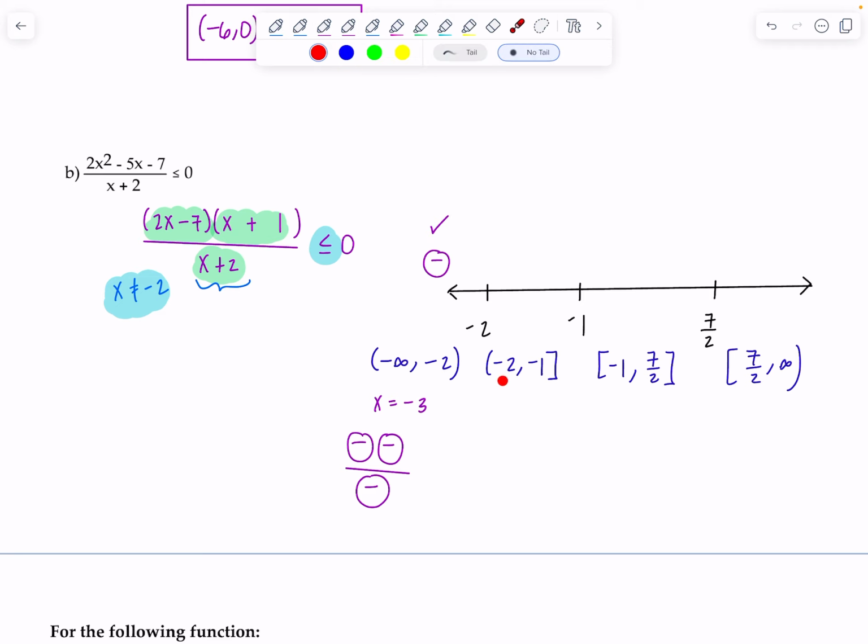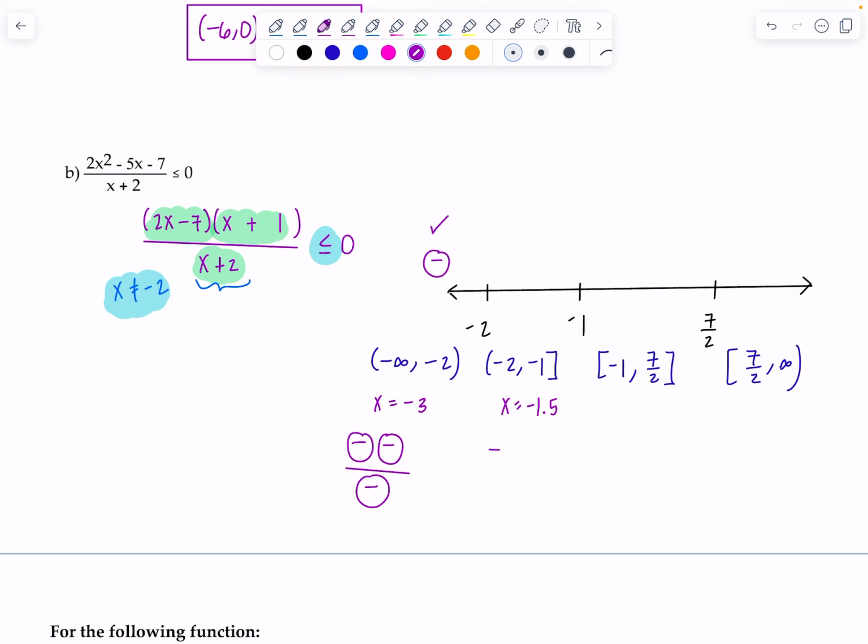Okay, from -2 to -1. You still have to pick something between. You can't pick -1 even though there's a bracket because it's just going to give you 0. It won't tell you if it's positive or negative. So between those two values, let's test with x equals -1.5. Okay, so 2 times -1.5, that's -3.